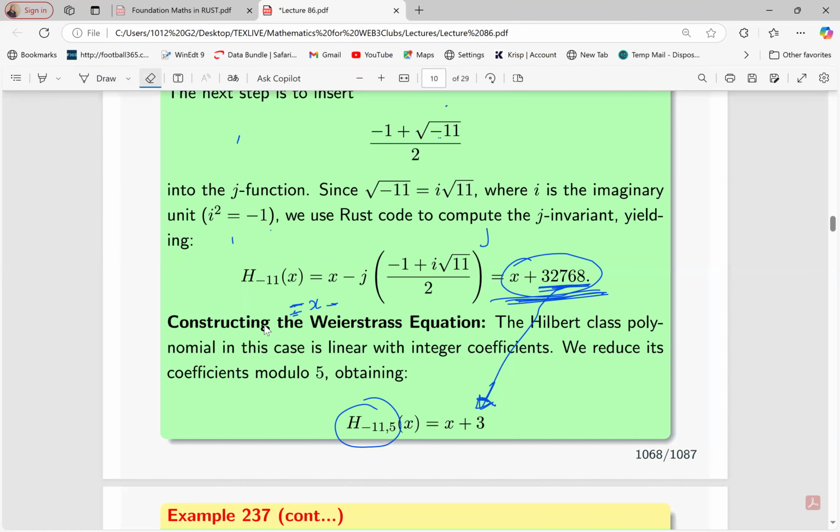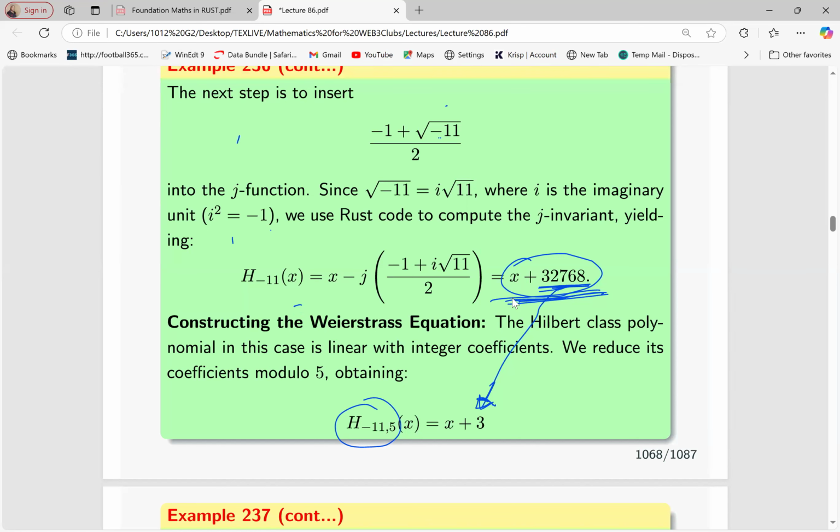Now, it's this Rust code that I'm interested in. How do we write it so that we can have our j invariant? Let me just share the Rust code that I have.